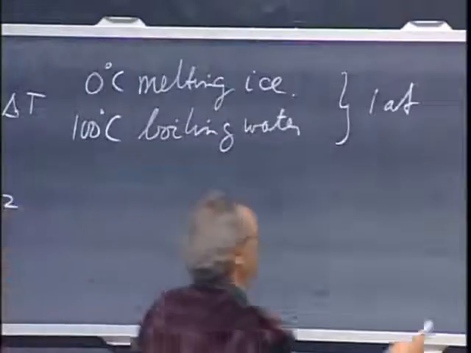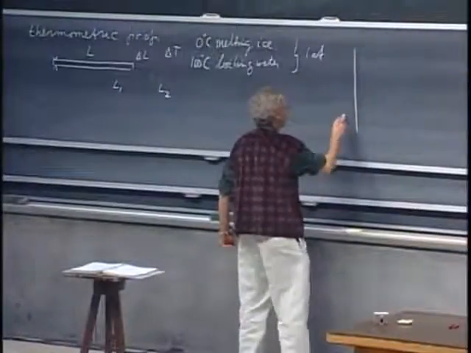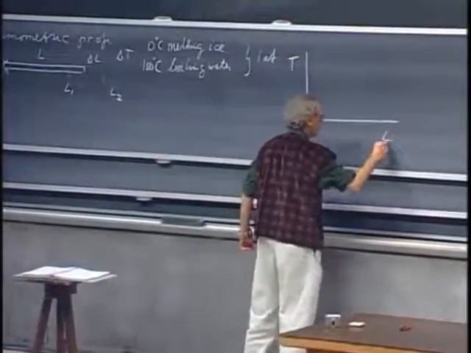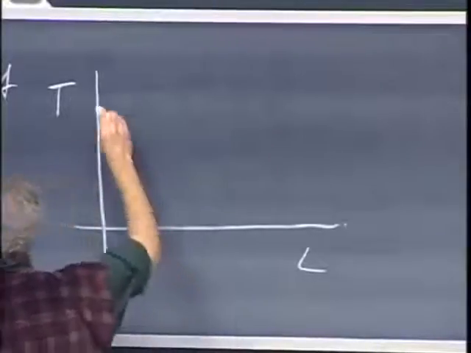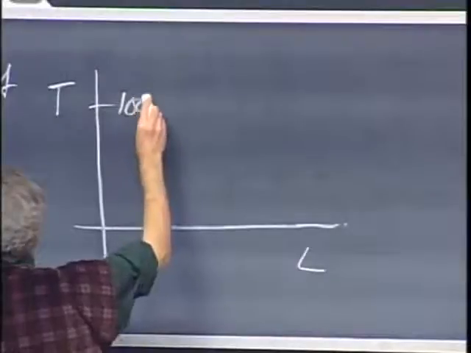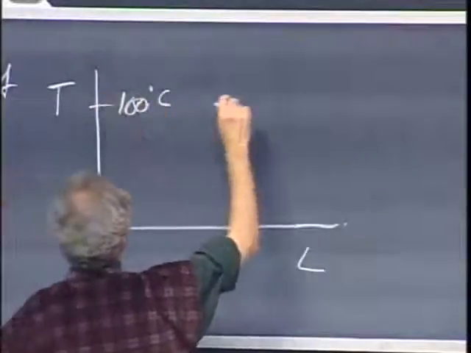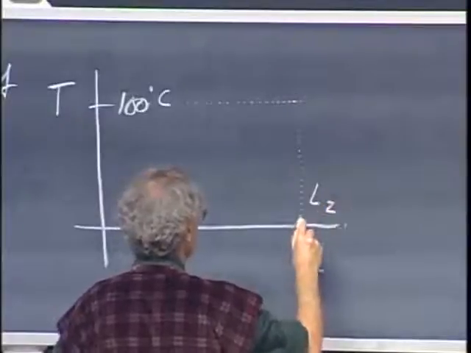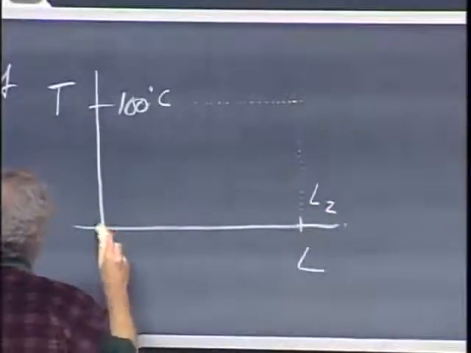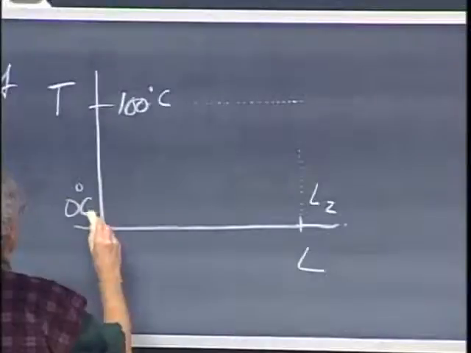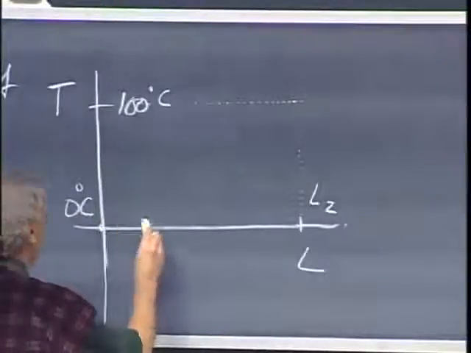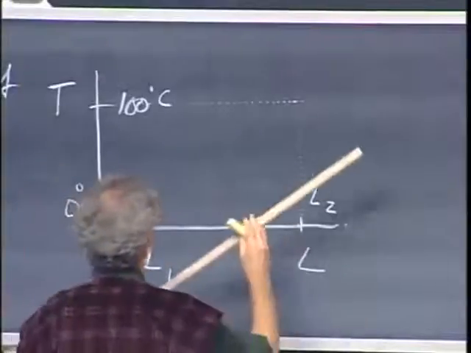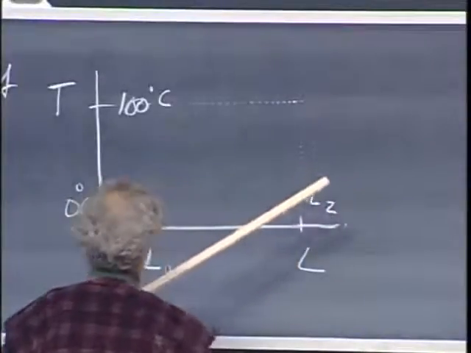So you could make yourself a plot now of the temperature versus the length of that bar, and you could say, okay, 100 degrees centigrade if the length of the bar is L2, and 0 degrees centigrade if the length of the bar is L1. And now you can draw a straight line. You can always draw a straight line through 2 points.